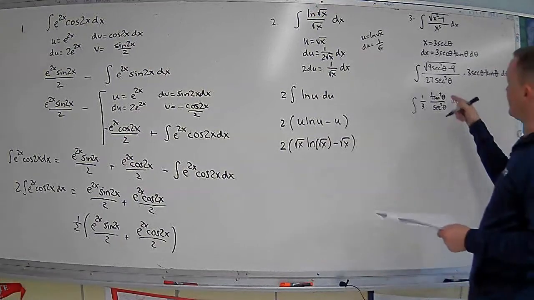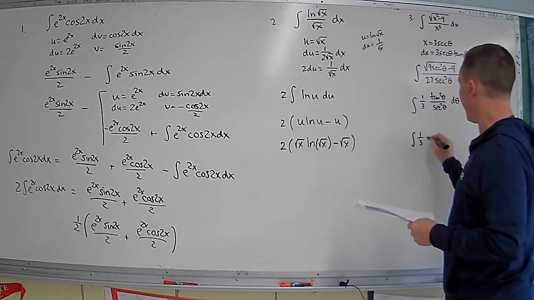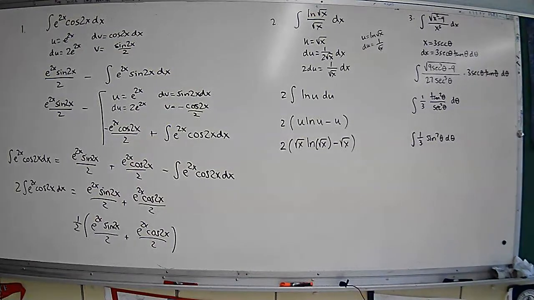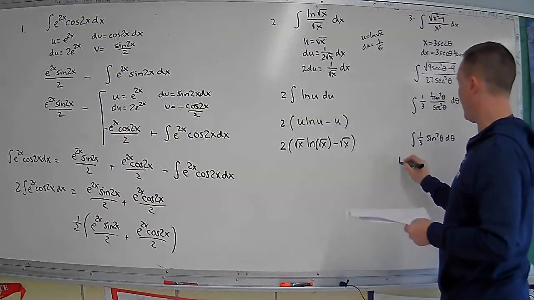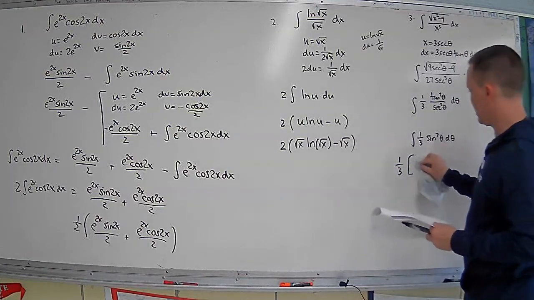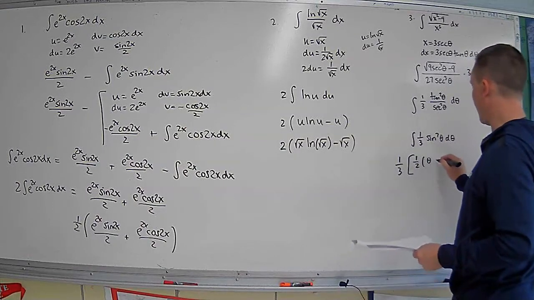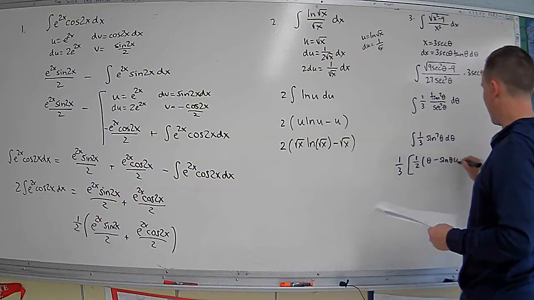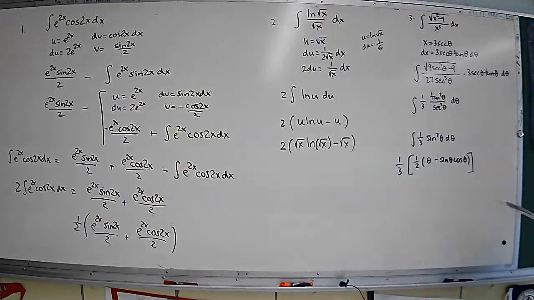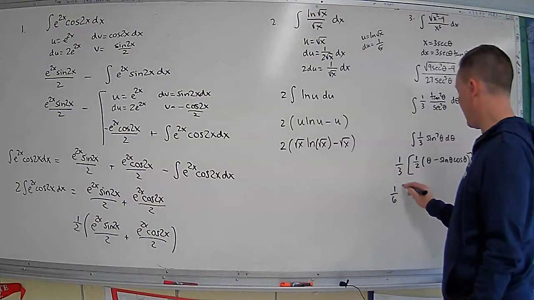And if you simplify this, tangent squared is sine squared over cosine squared divided by secant squared, you end up basically just getting 1/3 sine squared theta d theta. So now you've got to integrate 1/3 sine squared theta, so that's going to be 1/3 times, antiderivative of sine squared is 1/2 times theta minus sine theta cosine theta. And then we'll go ahead and say that's 1/6.